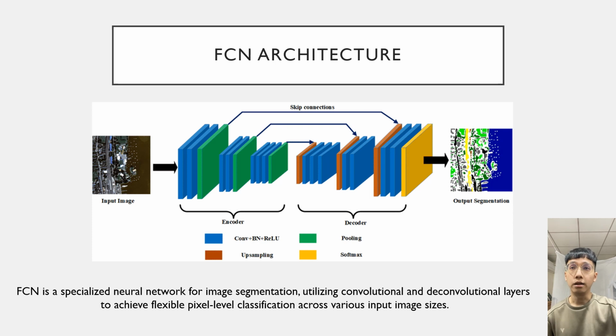Second is semantic segmentation, which I have mentioned before. The FCN excels in semantic segmentation, enabling pixel-level classification in images. It employs skip connections to fuse multi-scale features, enhancing the model's ability to capture both fine and coarse details.